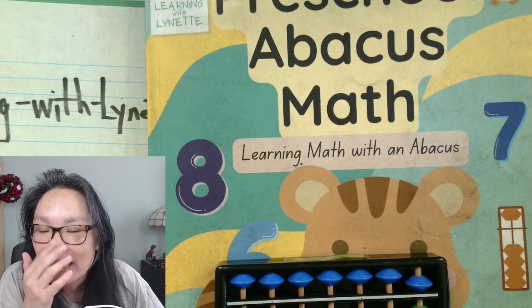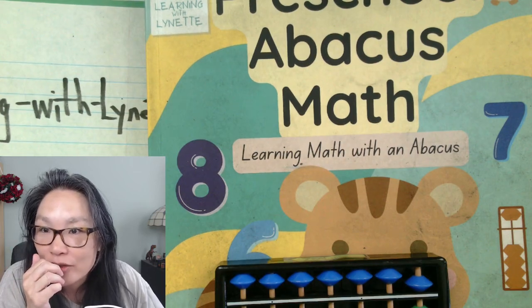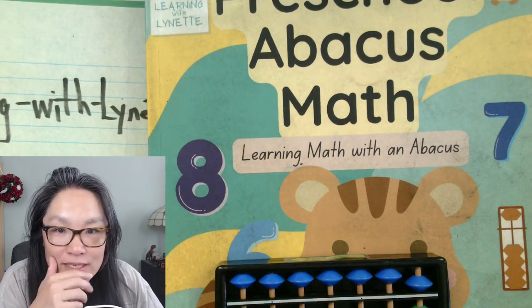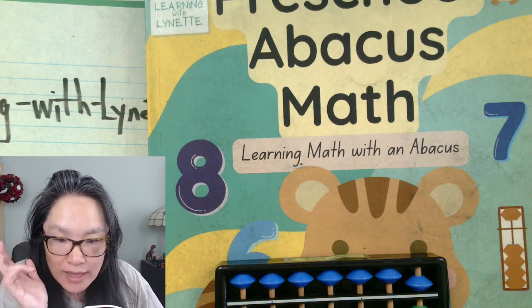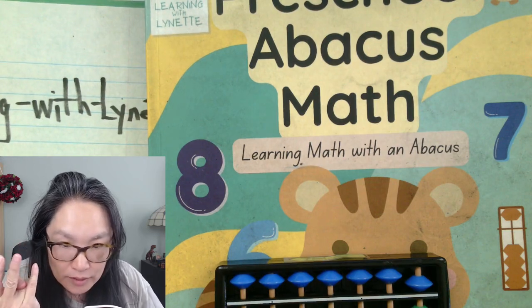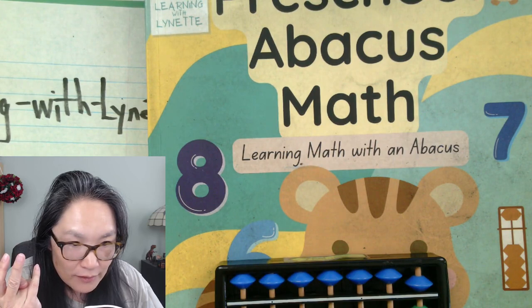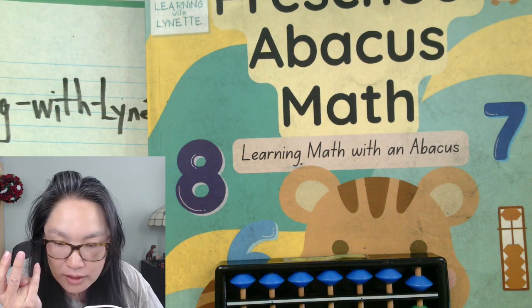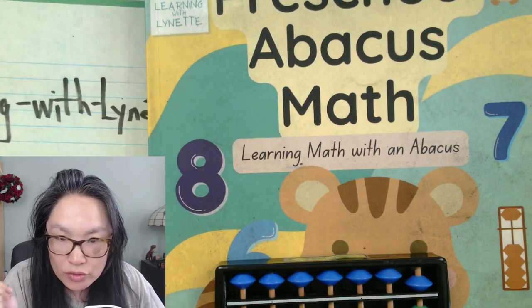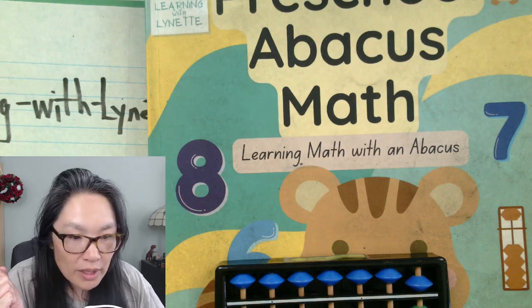I'm so excited for this one, and I want to show you this. The reason why is because I did a reverse. What does that mean? A reverse maze. Let me see if I can find it. Okay, so here it is. Let me show you my reverse.